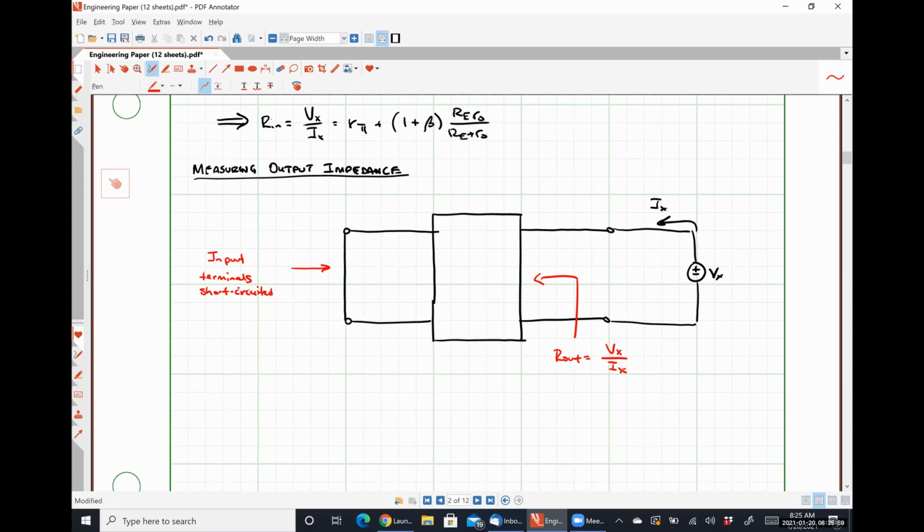So extraordinarily similar, but I have to make sure that I'm shorting my input terminals, and then I'm looking in through the output.